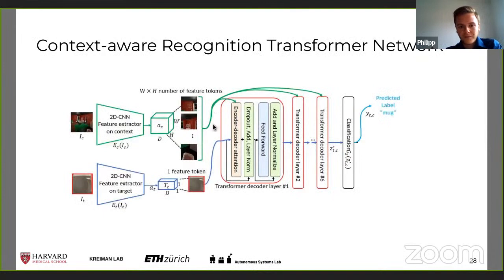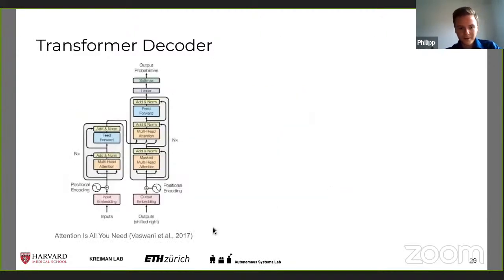Okay, so once we have extracted the tokens, the core of the architecture now consists of a stack of transformer decoder layers. And those are meant to integrate the two streams. Since most of you are perhaps familiar with the original transformer architecture, I thought I'd bring that up here and we can contrast which part we are actually using.